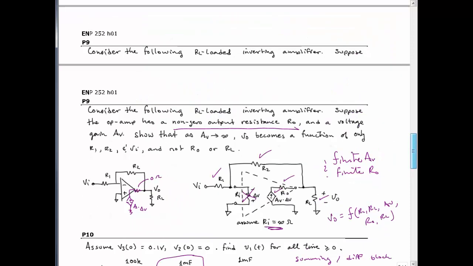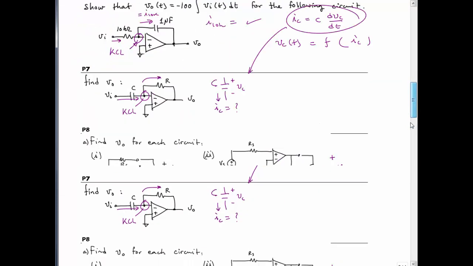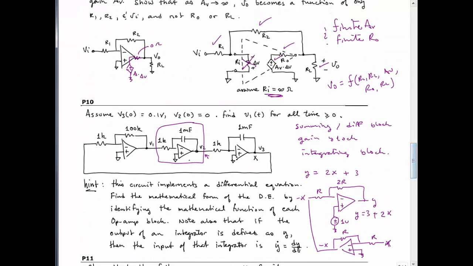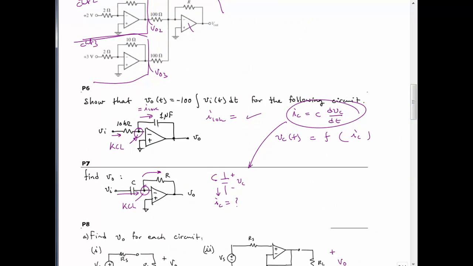Here you want to go back to problem 6, right? In problem 6, we saw that if you have 1 microfarad and 10K, this term here ends up being 1 over RC. Okay, so you need to choose your R and your C to get the gain here that you want.